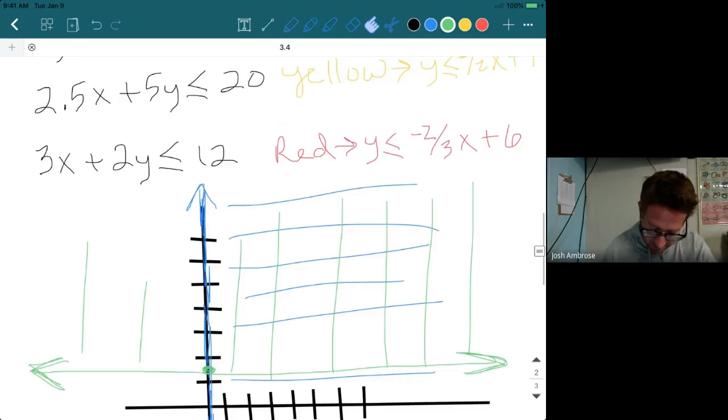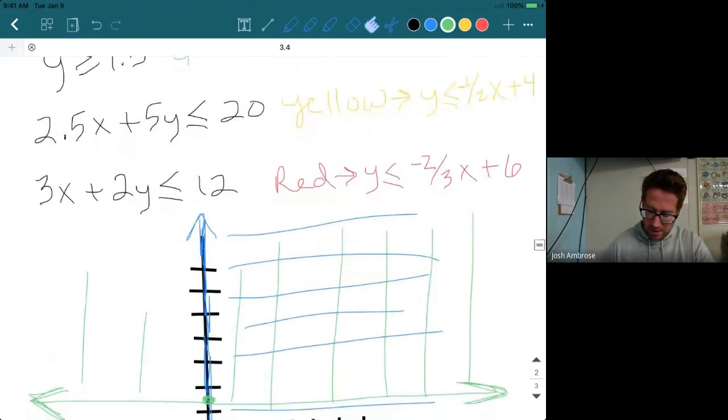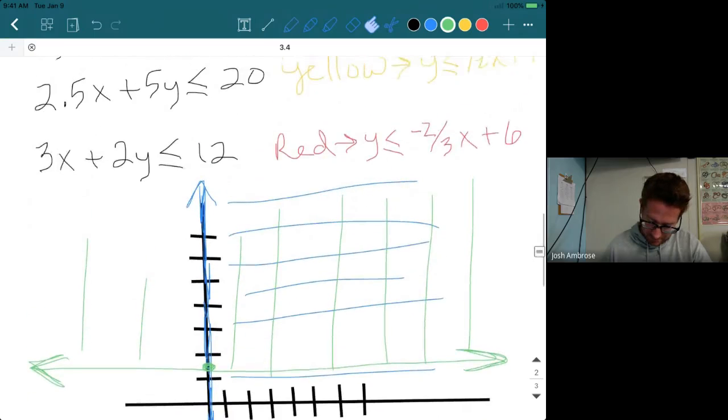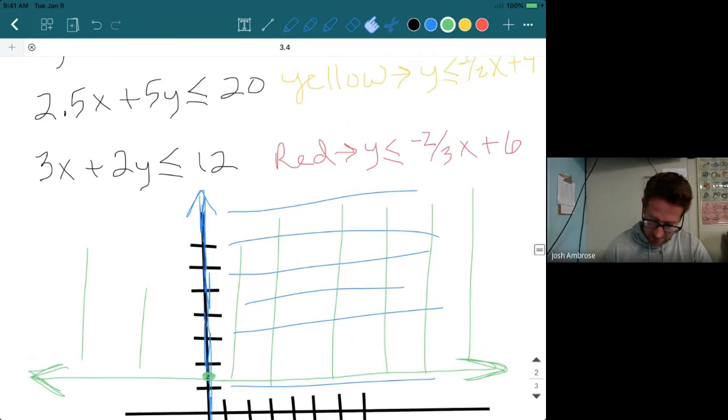All right, so now let's take a look. We have a yellow equation. The y is less than or equal to a negative 1/2 x plus 4. So let's see if we can try to keep that in screen right there. We have a plus 4. Let's go up 4. 1, 2, 3, 4. Put a dot right there.